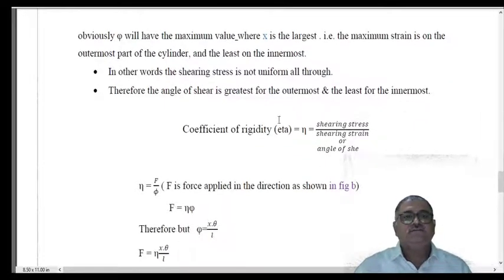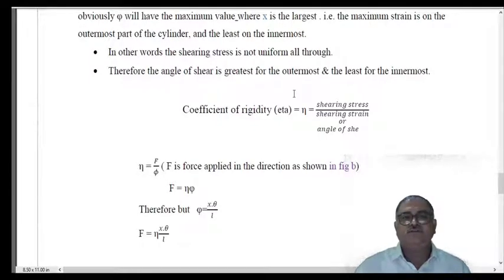In other words, we have to see the shearing stress. See, the shearing stress is not uniform all through, and therefore the angle of shear is greatest for the outermost and the least for the innermost.